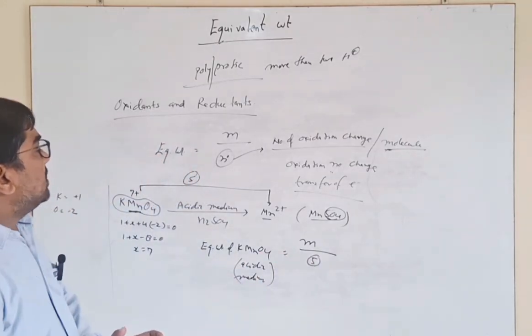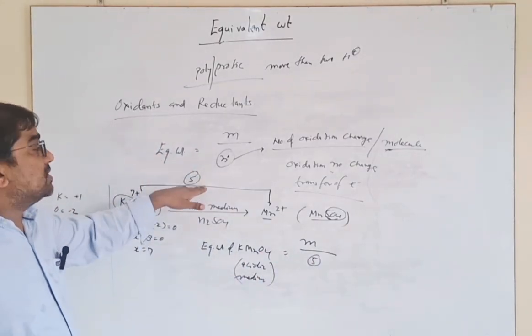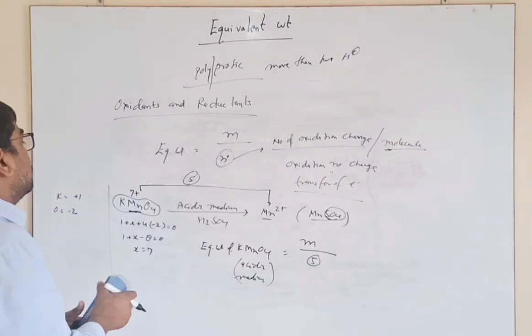What is 5 here? It is the oxidation number change per molecule.